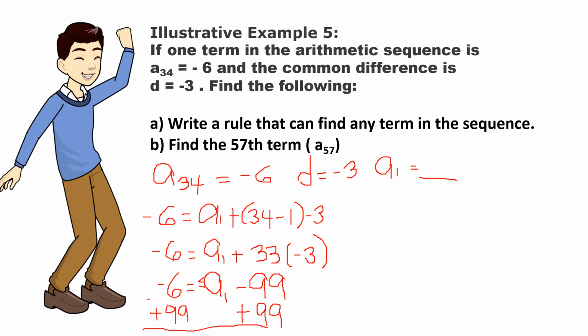Then proceed na tayo sa operation. So magkakaroon tayo ng a sub 1 equals, so ito pwede na makancel. We have 99 minus 6. So 99 minus 6, the answer is 93. So this serves as our first term.